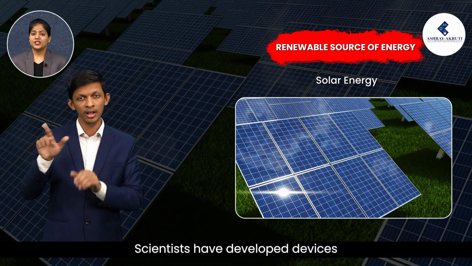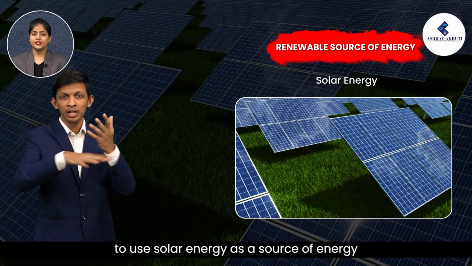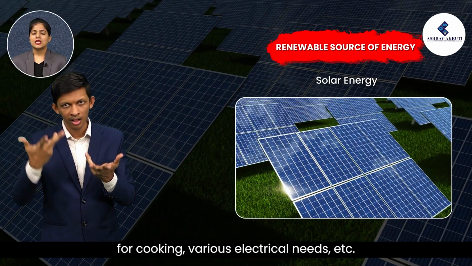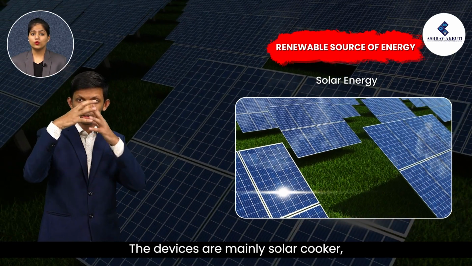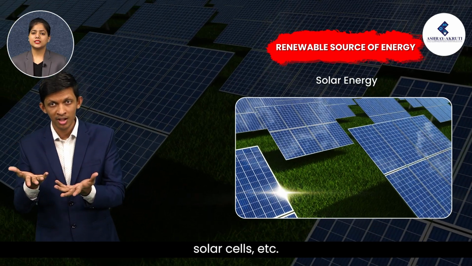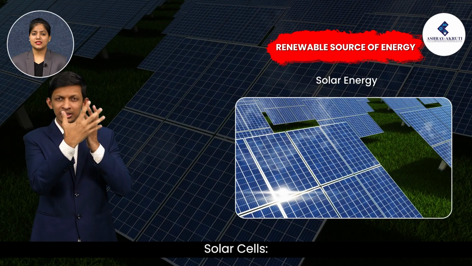Scientists have developed devices to use solar energy as a source of energy for cooking, various electrical needs, etc. The devices are mainly solar cooker, solar water heater, solar cells, etc. Solar cells.